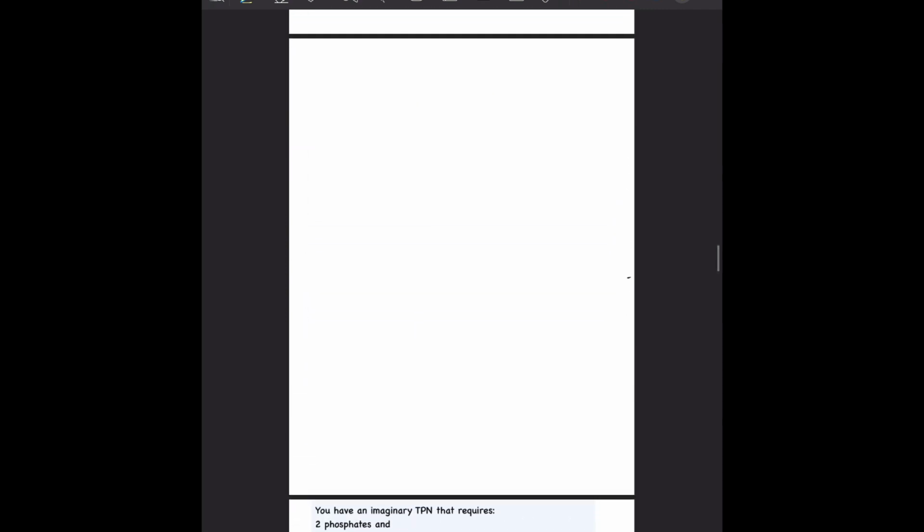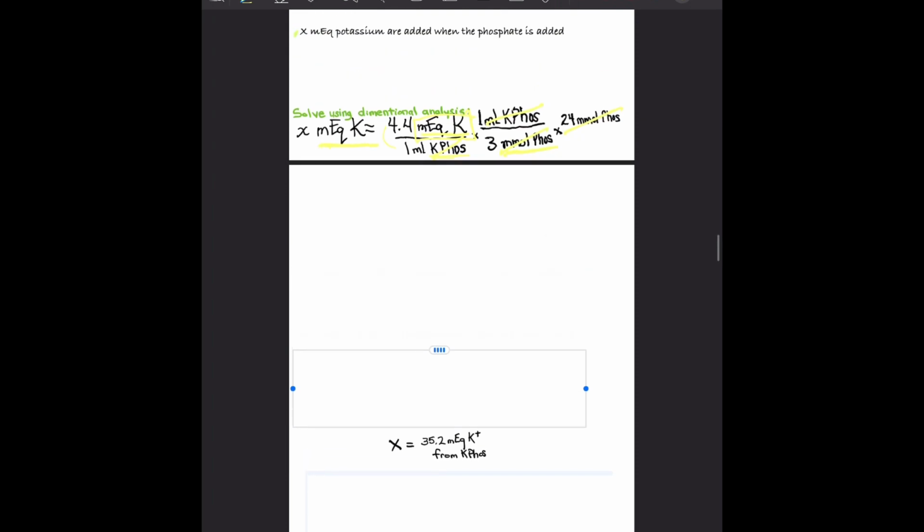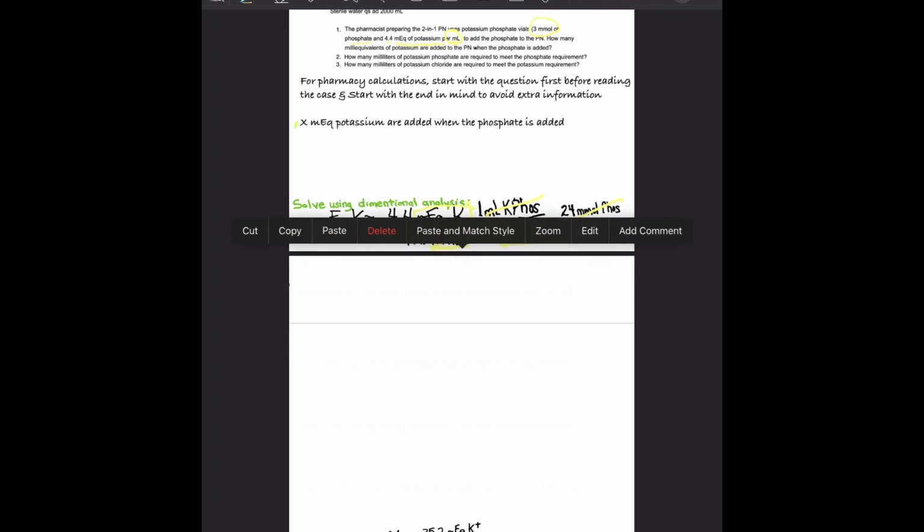or solve using proportions. I can begin by setting up my requirement. I want to meet my requirement of millimoles of phosphate. 24 millimoles of phosphate are in how many milliliters of potassium phosphate? If I get my milliliters of potassium phosphate, then I will be able to find my milliequivalents of potassium.